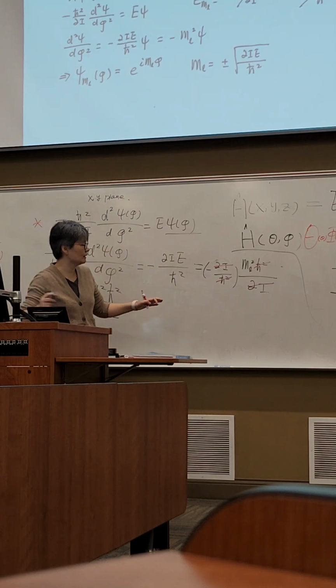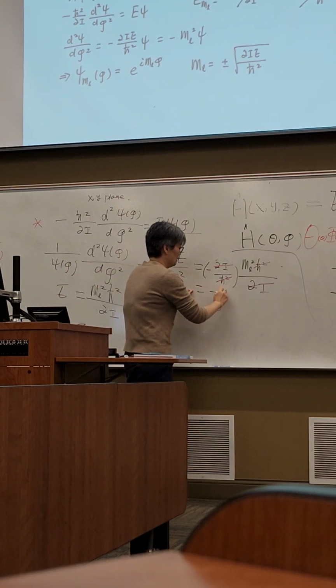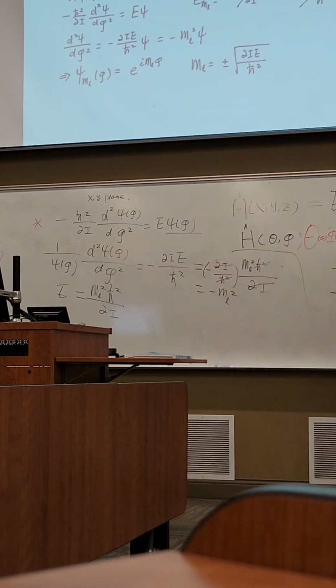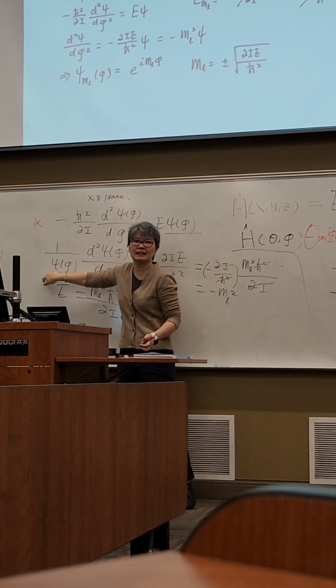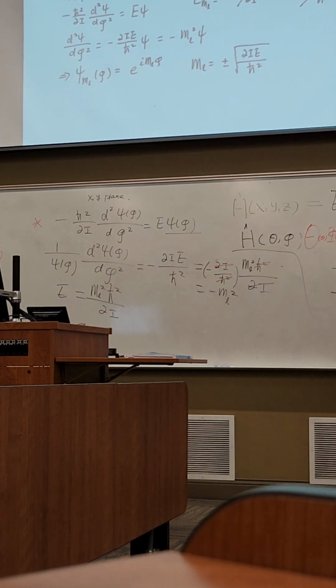What remains for the constant? If I rewrite the Schrodinger equation for the rotation on the plane, in terms of the constant on one end, it is equal to the negative m sub l squared.